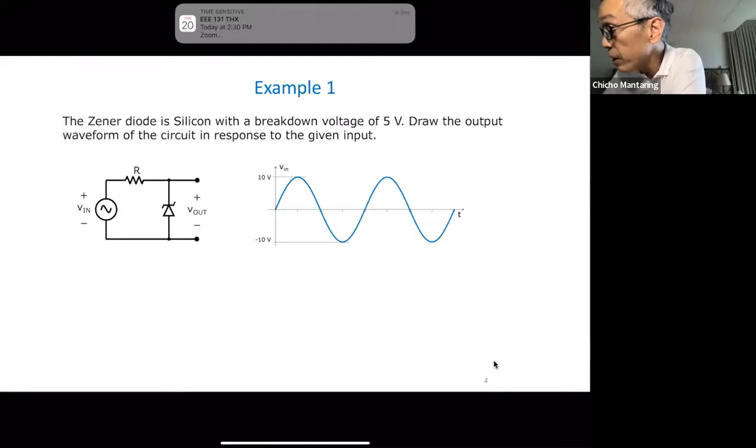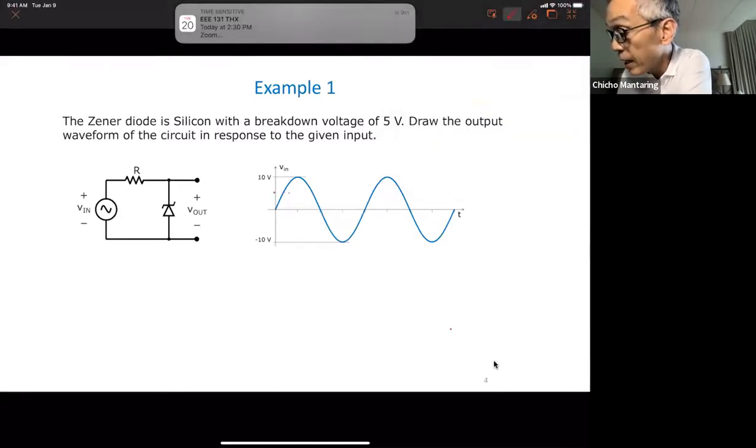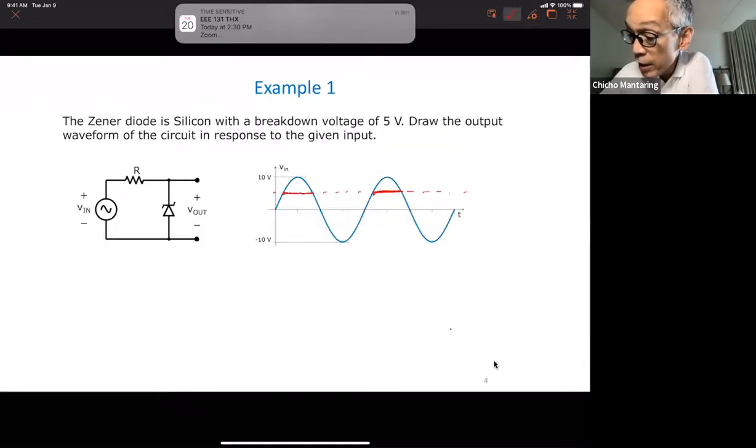So here, whenever V sub in is greater than 5 volts, my output will be 5 volts. So if this is my 5-volt line, that's here. When V sub in is less than 0.7, so that's this particular condition, because remember the current now is counterclockwise, no?